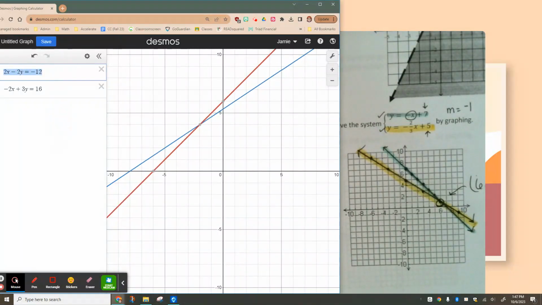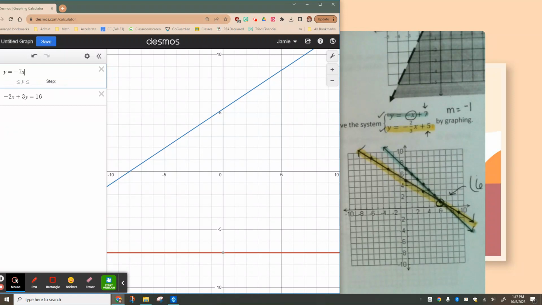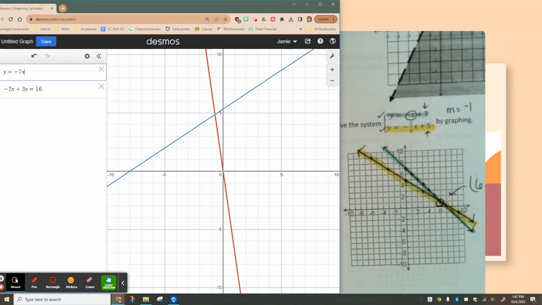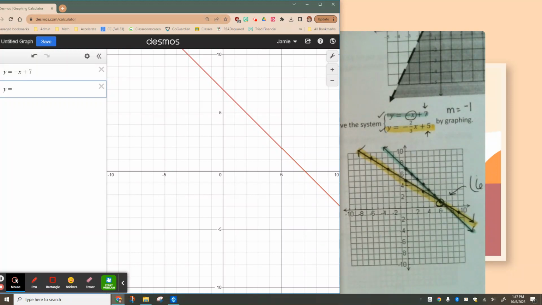But we're going to use Desmos just to verify. So y equals, let's see, negative 7x. Nope, I'm sorry, negative x plus 7. And then for our second equation, we have y equals negative 2/3 x plus 5.